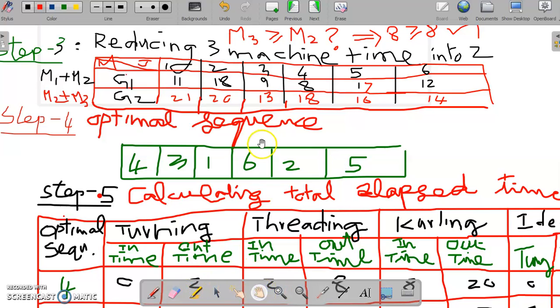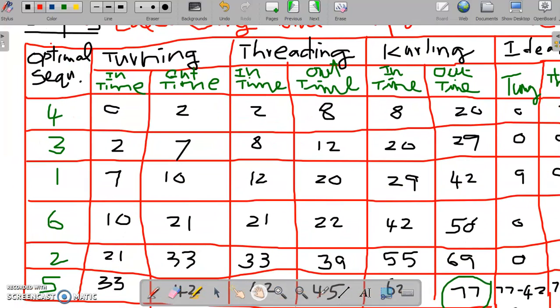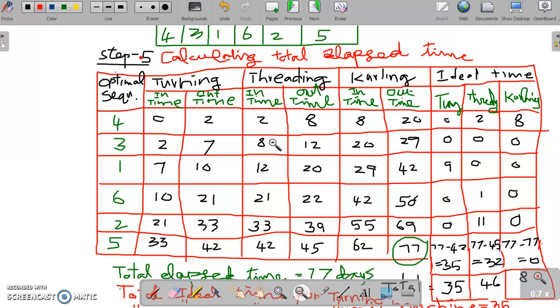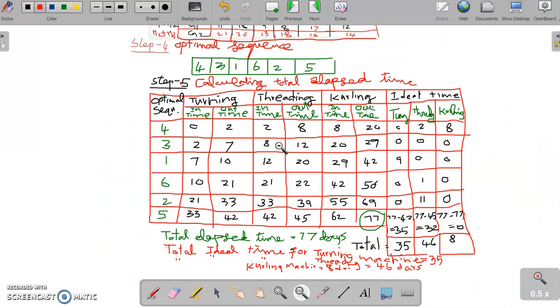Now, let us calculate. I have to minimize the screen, then only it is easy for us to calculate here. Now we know already that the optimal sequence we have right here is 4 3 1 6 2 5. Then here turning time in, out, threading machine in, out, curling machine in, out, and idle time for the three machines M1, M2, M3: turning, threading, curling.